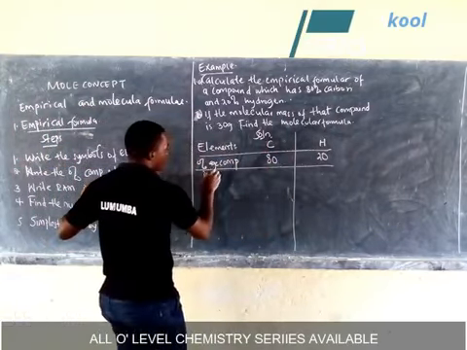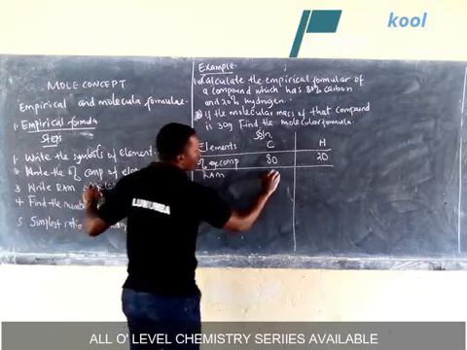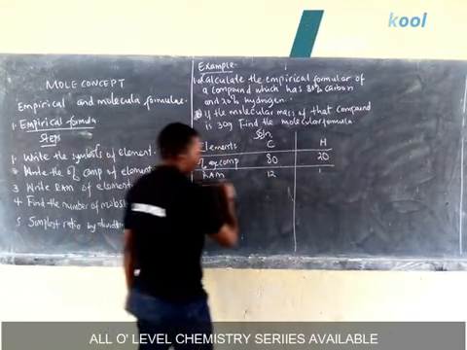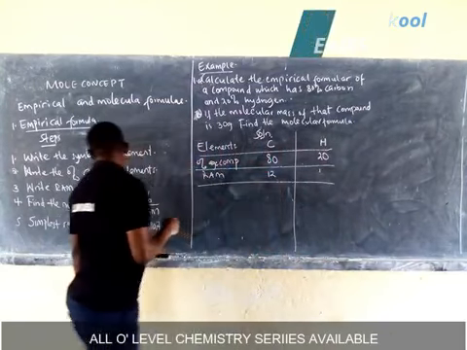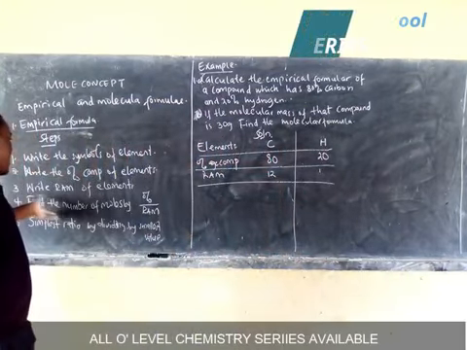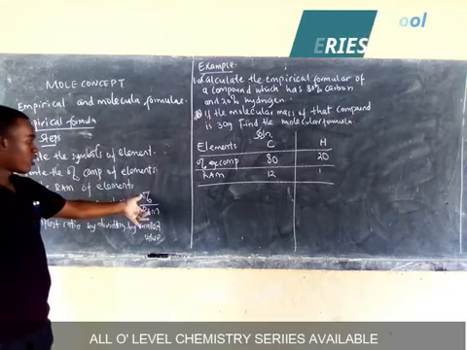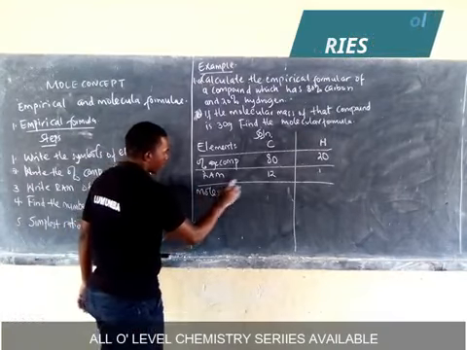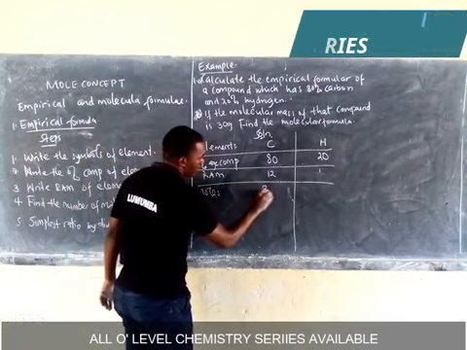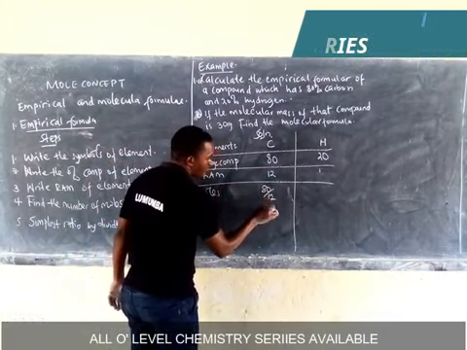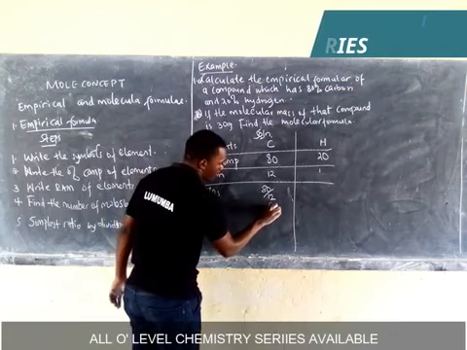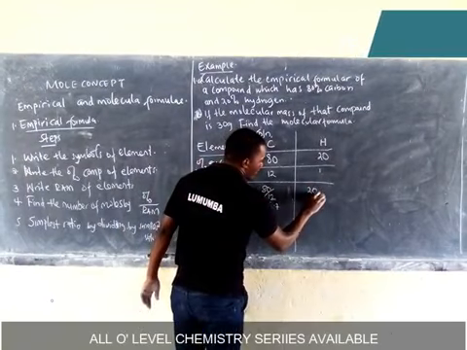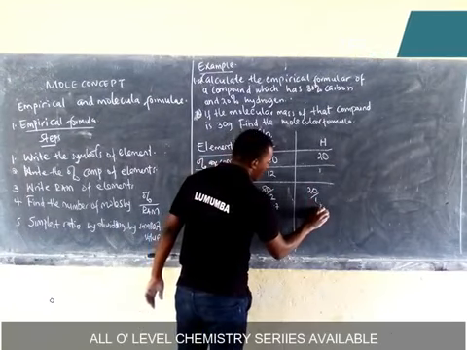So the relative atomic mass of carbon is 12, hydrogen is 1. Step number 4, find the number of moles by dividing percentage composition over the RAM. So number of moles, divide percentage composition, which is 80, by 12. This one will give us 6.7. Then here we have 20, divided by 1, giving us 20.